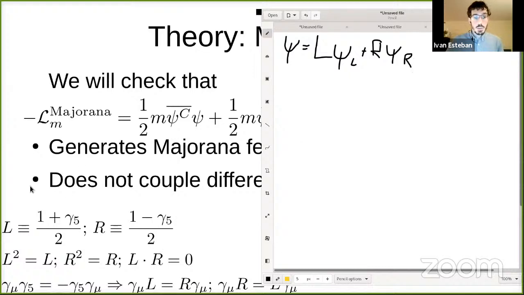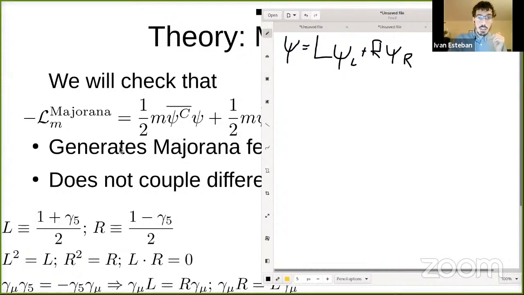Here I am putting some properties of the left-handed and right-handed projectors, which are basically 1 plus minus gamma 5 over 2. They are projectors, so their square equals themselves, and they are orthogonal projectors, so their product is 0. And also remember that gamma 5 is a matrix that anti-commutes with all the gamma matrices.